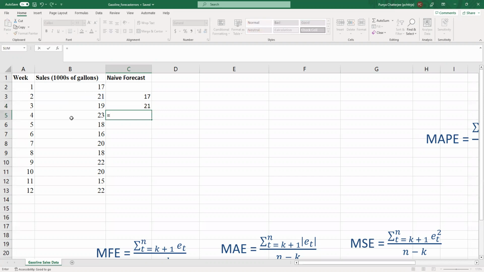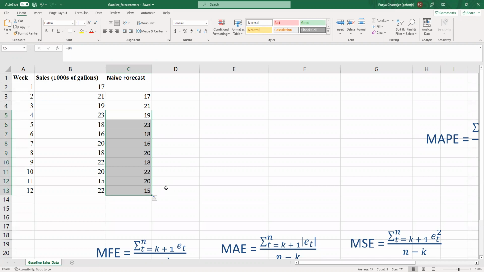Similarly, the forecast for week 4 would be sales for week 3. So I'm just going to drag it down to fill up the rest of the rows. But basically, it's a very naive or short-sighted forecasting method where I'm saying this week's sales is going to be my last week's sales.